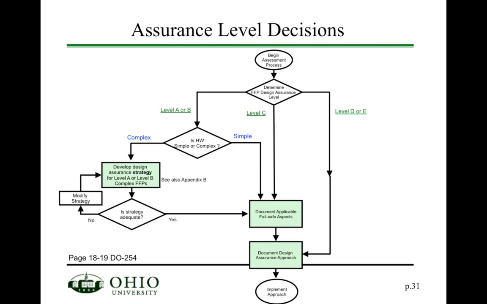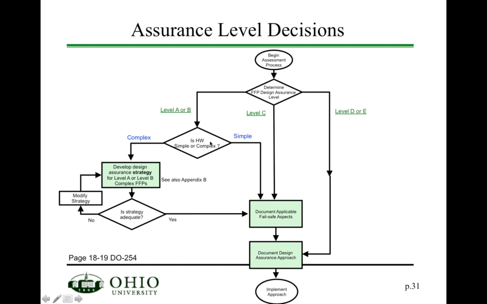Now, if you look at the assurance level decisions, when you begin the assessment process, you're going to determine the functional failure path design assurance level, and find out if it's level A, B, C, D, or E. If it's level A, you check whether this is a complex component or a simple component.